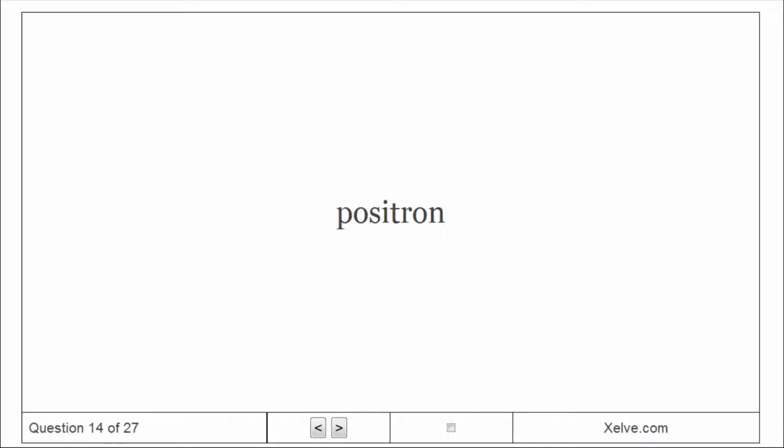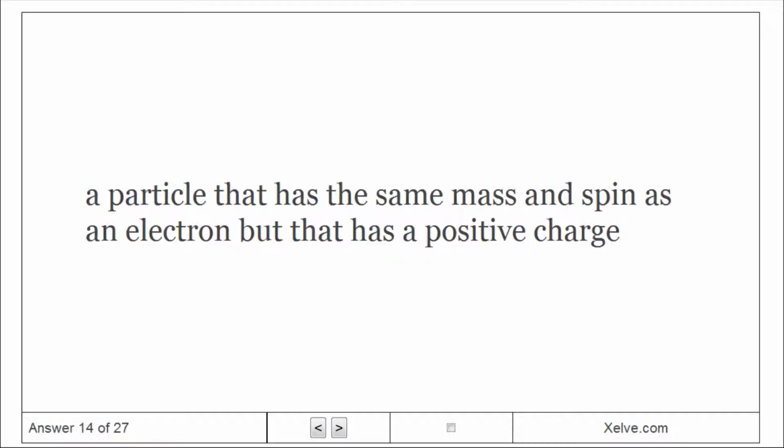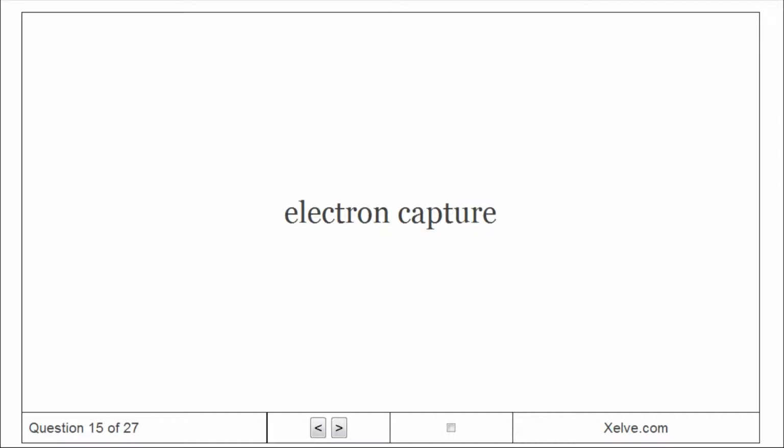Positron. A particle that has the same mass and spin as an electron but that has a positive charge. Electron capture.